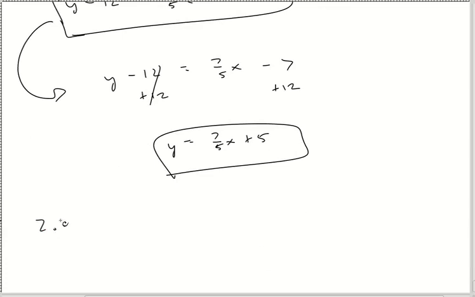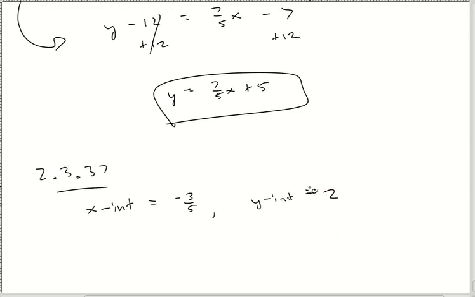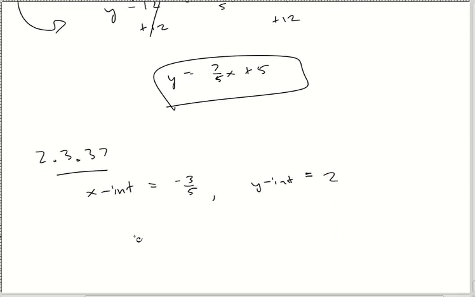I want to set up another one. I'm not going to actually do the whole thing. I'm just going to show you. It says x-intercept is at -3/5. It says the y-intercept is at 2. It says go and do the same thing. Okay. Well, what they're trying to get at here is x-intercept means that's an x value, but then at y equals 0.